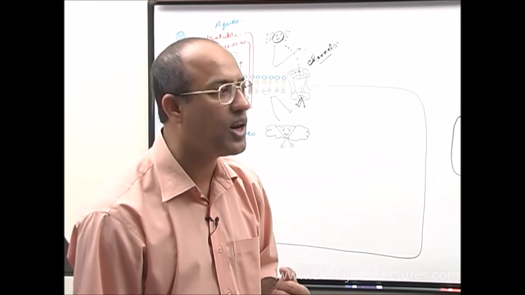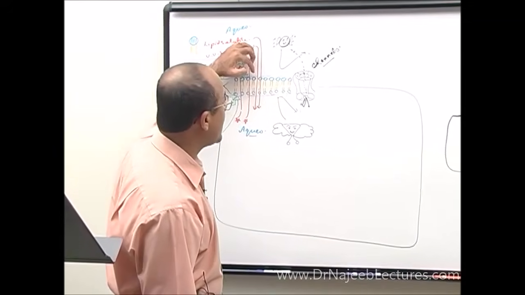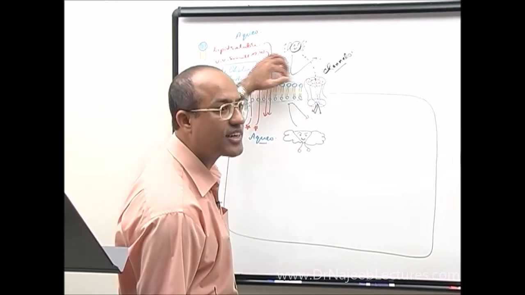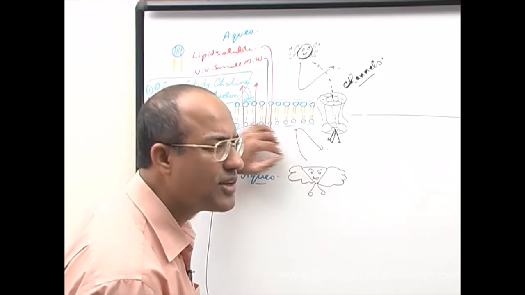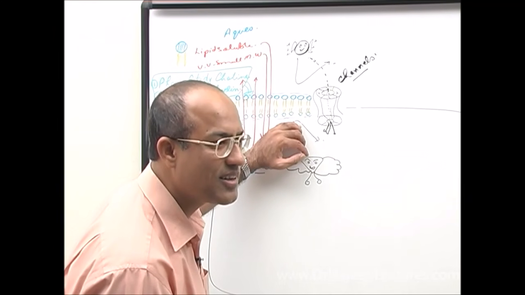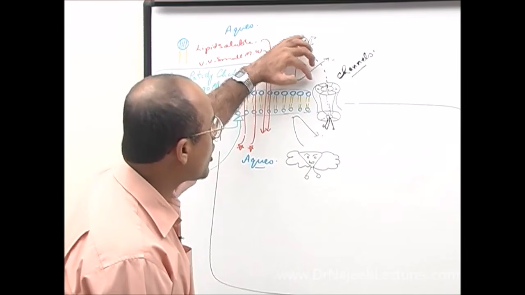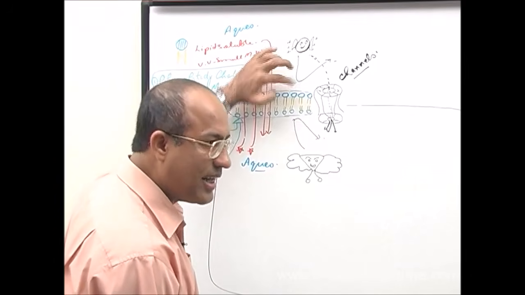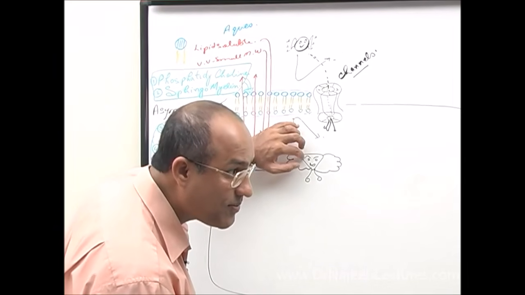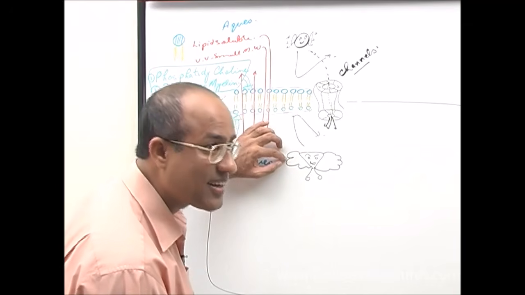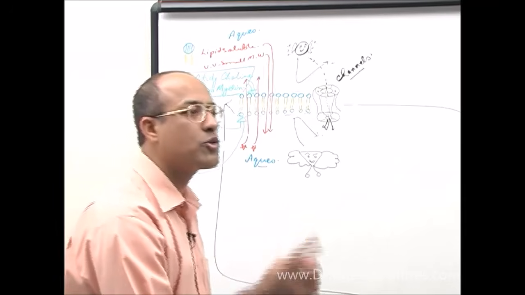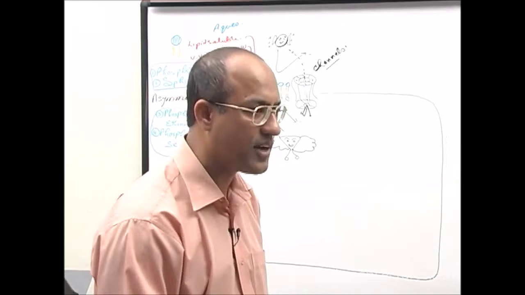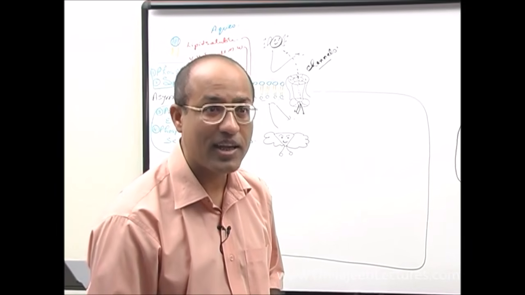And still later on we will learn that the outer leaflet has a lot of carbohydrates attached to it, but the inner leaflet does not have any significant carbohydrate. So the outer leaflet has a lot of carbohydrate molecules outside, while the inner leaflet does not. Again, this difference of carbohydrates also adds to the asymmetry of the inner and outer leaflet of cell membranes.